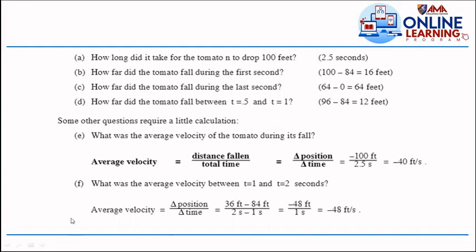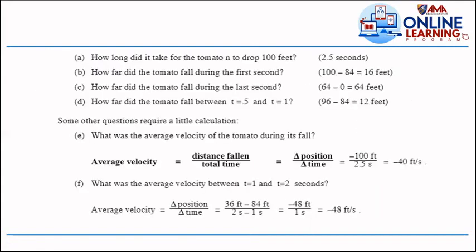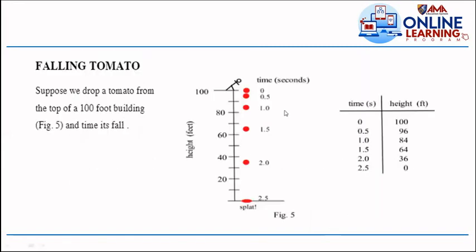Next question. What was the average velocity between t is equal to 1 and t is equal to 2 seconds? From here to here, what is its average velocity? Looking at the distance at 1 second, we have 84.